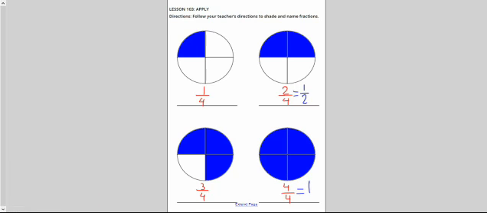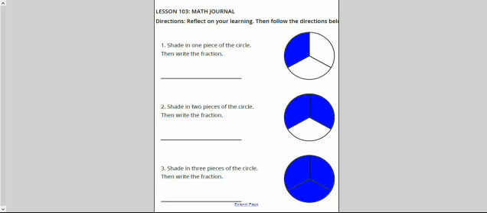Next page, the same, but this time my circle is divided into 3 parts only. So the first one will be 1 out of 3, which is 1/3.